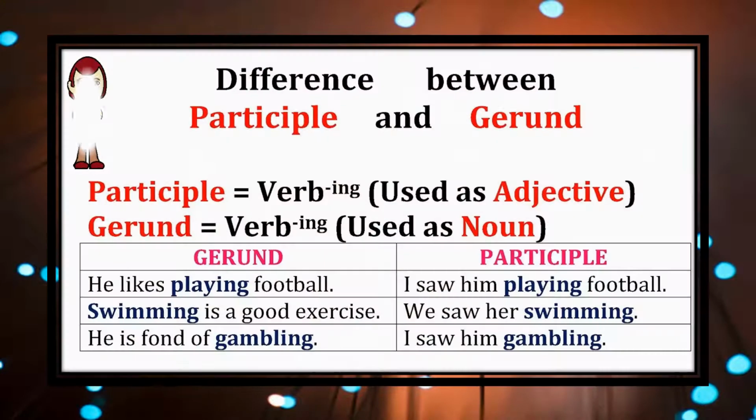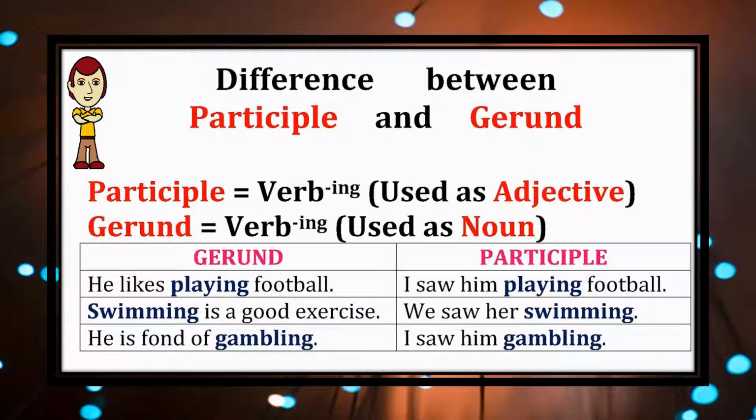Let's learn more about participle and gerund with the help of a few examples. Difference between participle and gerund. Participle is a verb adding ing, and after adding ing it is used as an adjective.